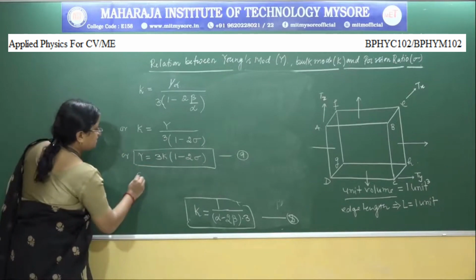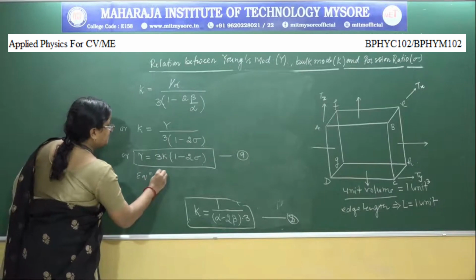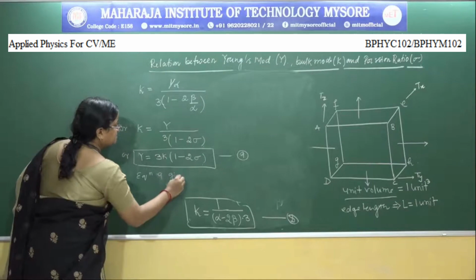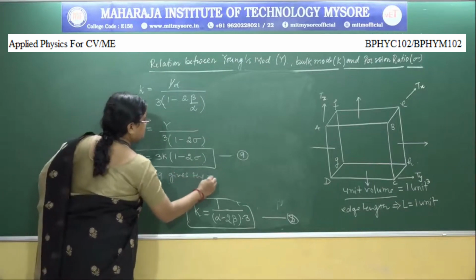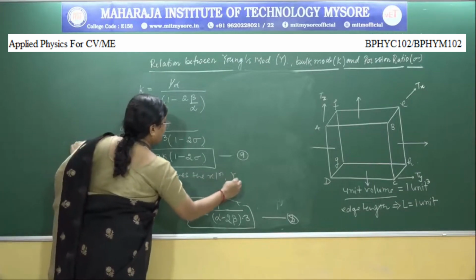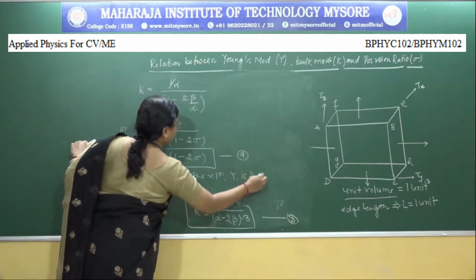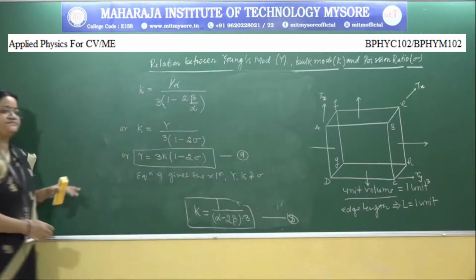So equation 9 gives the relation between Y, K and sigma.